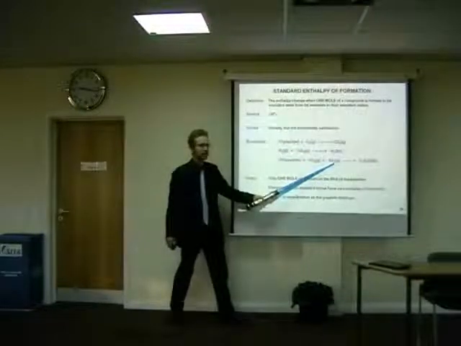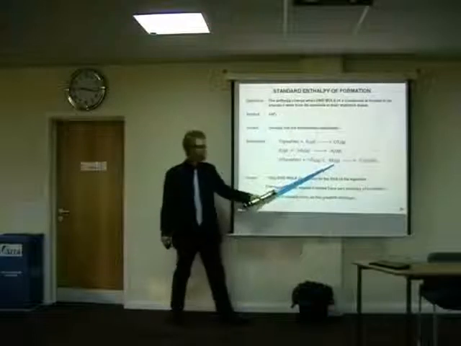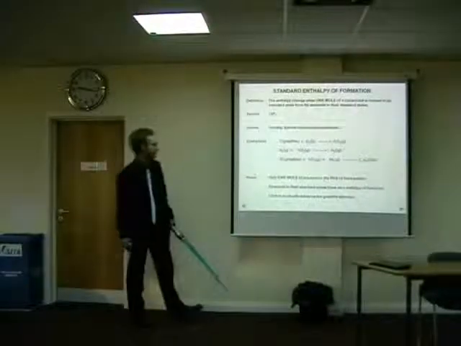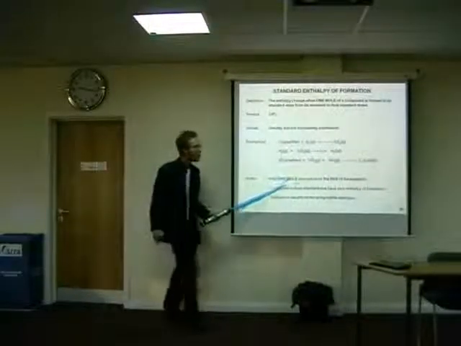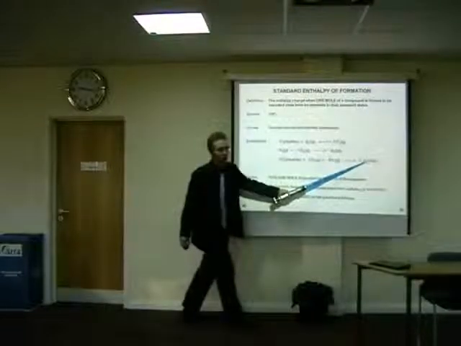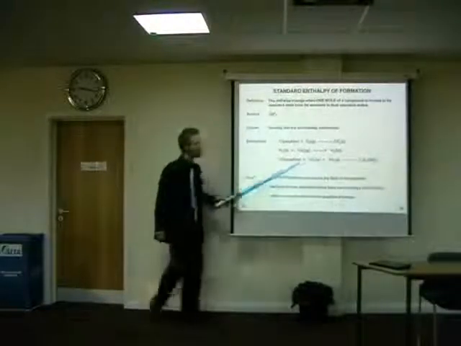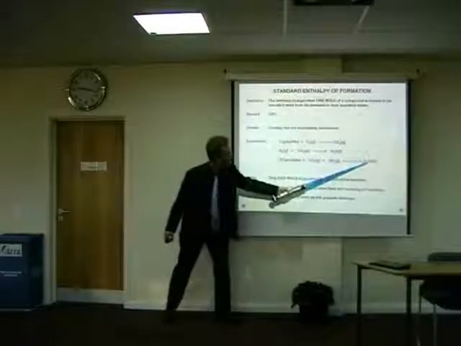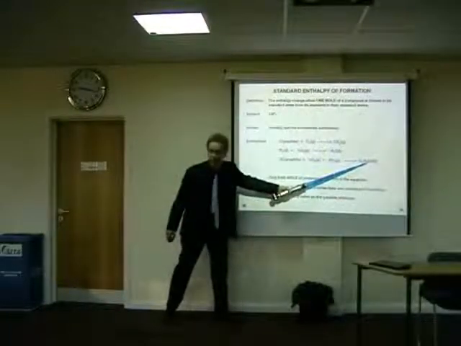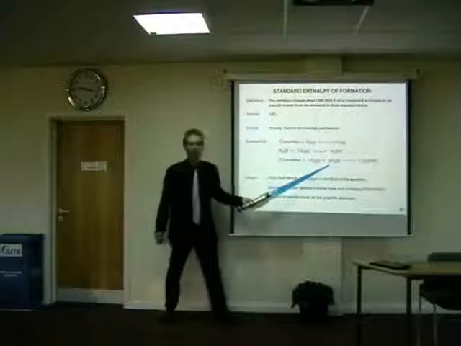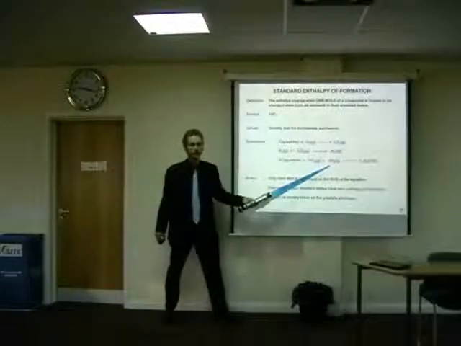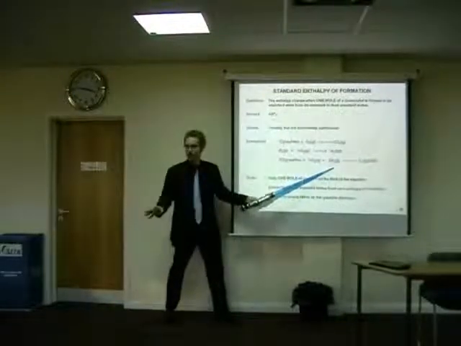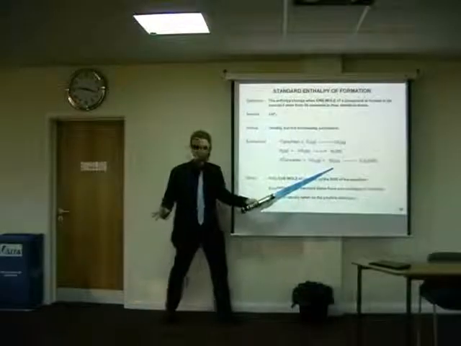We all good? Happy? So, we're talking about 1 mole of product. It doesn't matter how many moles you have to start with. If I've got 6 hydrogen atoms there, I must need 3 moles of H2, because that's hydrogen in its standard state.